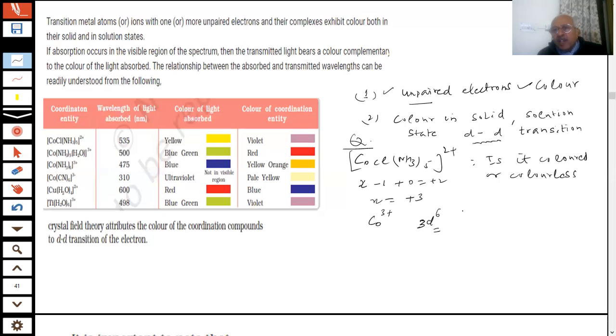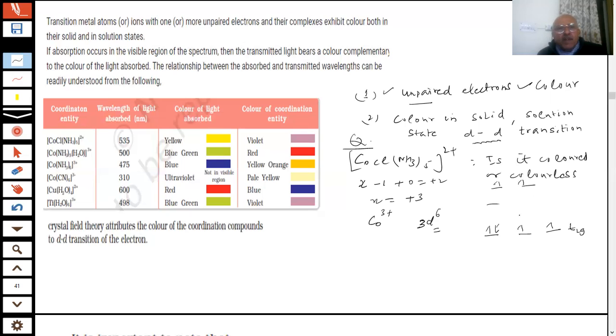You can see here Cl is coming from one side, ammonia from the other side. So if I have t2g, 1, 2, 3, 4, 5, 6.